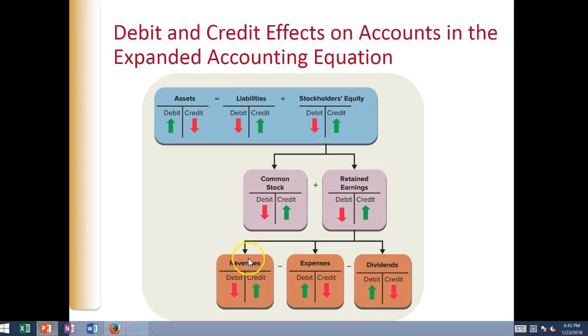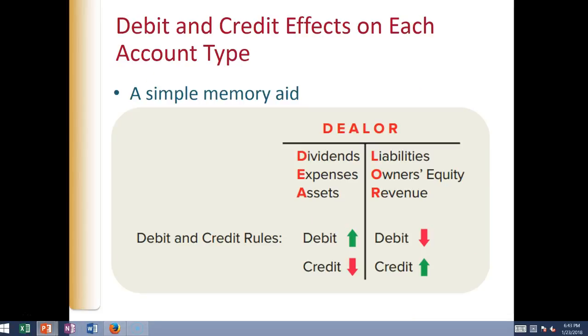So our revenues and our expenses, those are the accounts that ultimately create net income, right? So revenues increase our retained earnings, expenses decrease our retained earnings. Dividends ultimately also decrease our retained earnings because we're paying a share of the profits back to the shareholders.